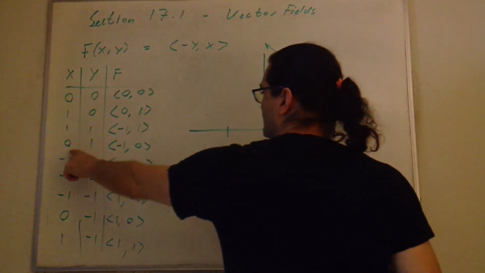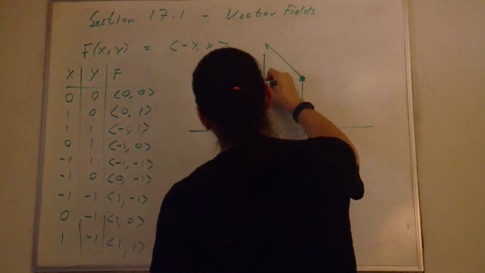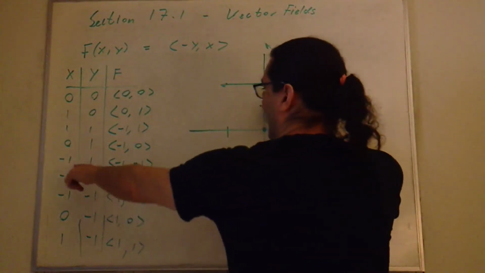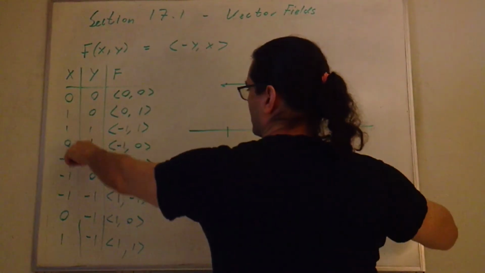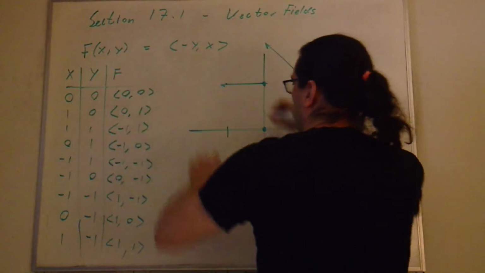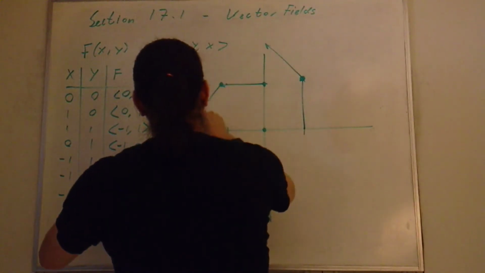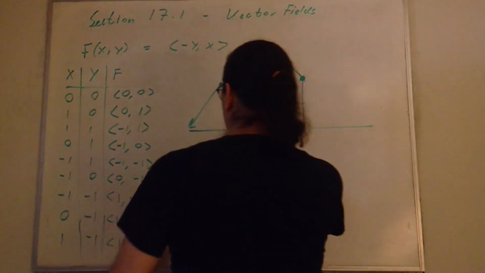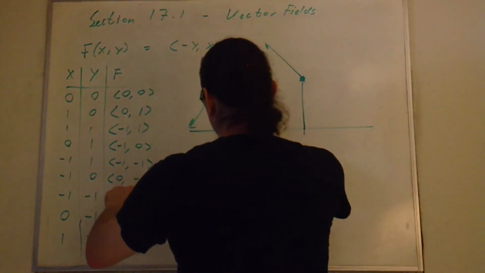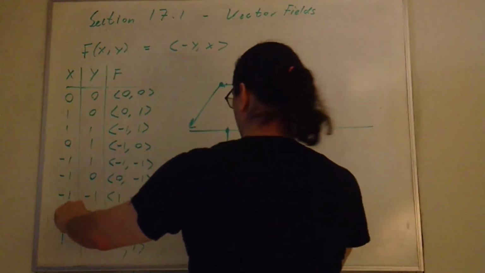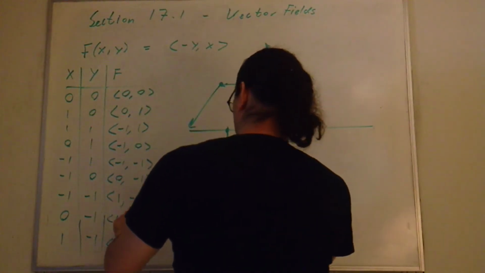At 0, 1, this point right here, my vector is pointing straight left. At negative 1, 1, that's this point here, my vector is pointing left and down. At negative 1, 0, my vector is pointing straight down. At negative 1, 1, my vector is pointing left and down, right and down.